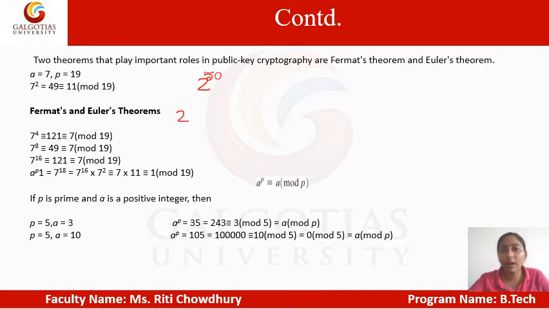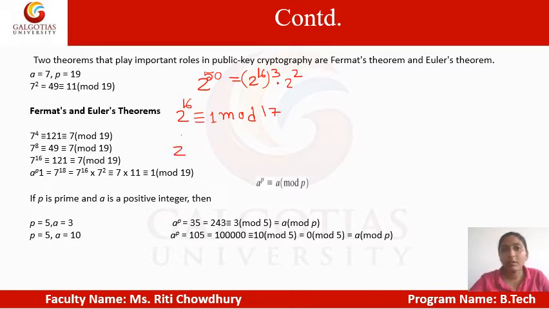Suppose I know that 2 to the power 16 is congruent to 1 mod 17. Now I can write 2 to the power 50 in terms of 16: 2 to the power 16 whole cube, times 2 square.